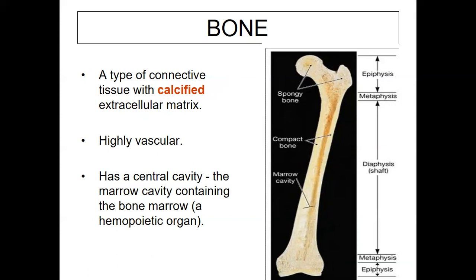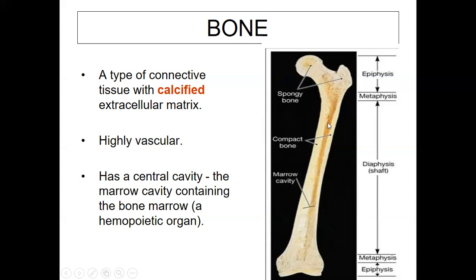The bone also contains vessels. It is a highly vascular structure. Please remember the bone has vessels. Although the bone is a very hard structure, it has vessels within it. The bone also has a central cavity.